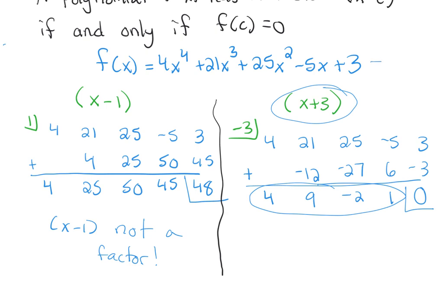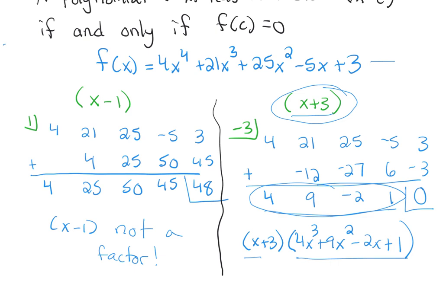So if this polynomial divided by this is this, we can write that x plus 3 times 4x squared... I'm going to write this out, 4x to the third plus 9x squared minus 2x plus 1. So this times this equals this.